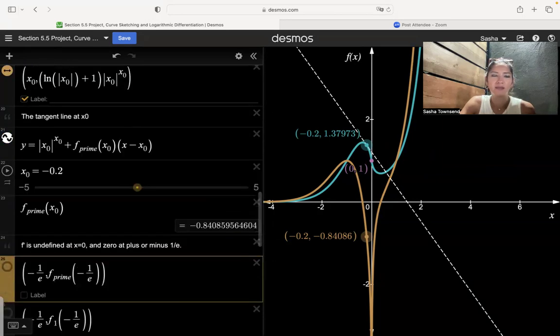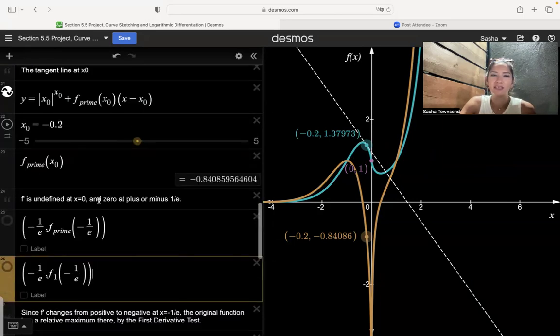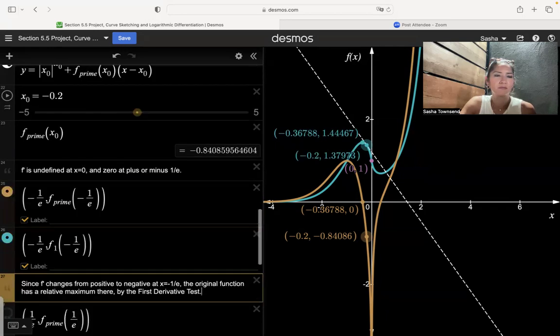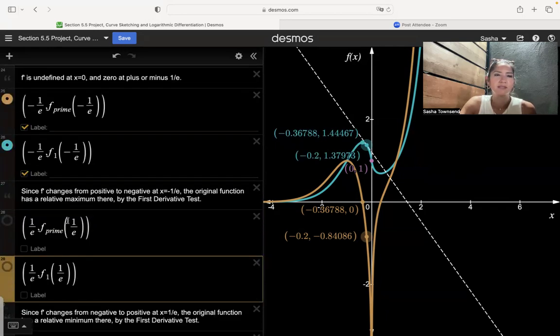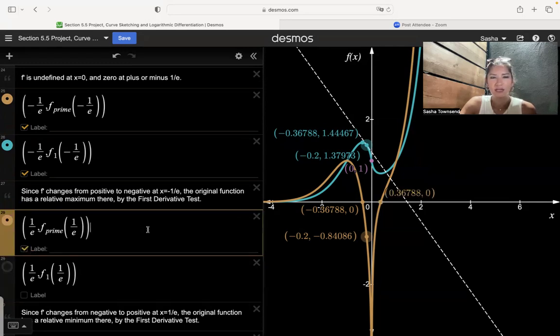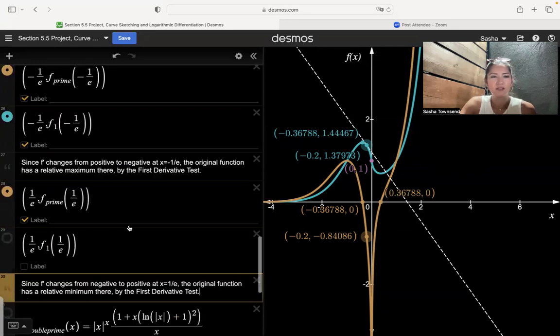Okay. We said f prime is undefined at x equals 0 and 0 at plus or minus 1/e. So we could label that on the derivative graph. We could label that on the original function. Since f prime is changing signs at 1/e and -1/e, now we've got those relative extrema, as we've discussed.